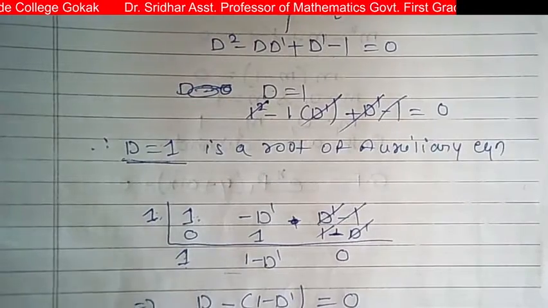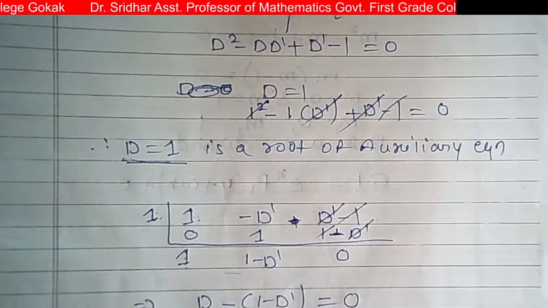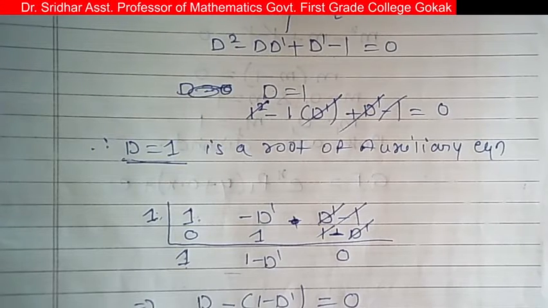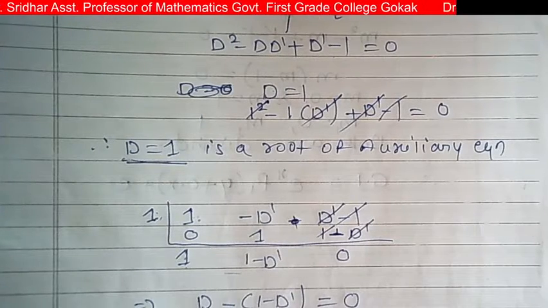So that is d minus 1 plus d dash, d minus d dash.